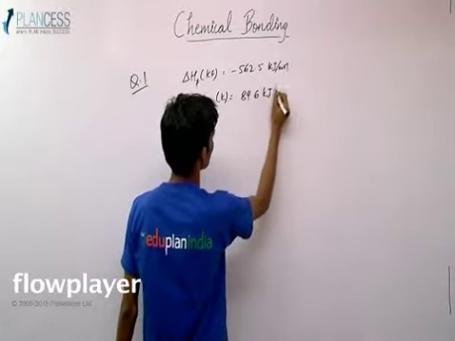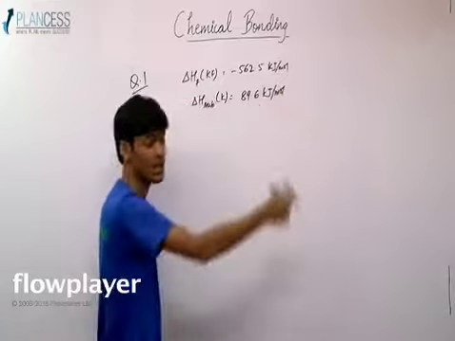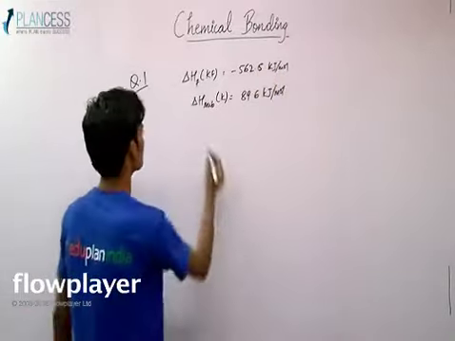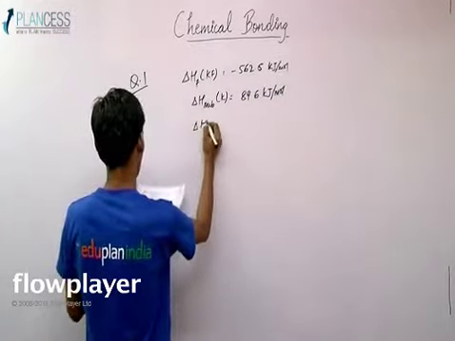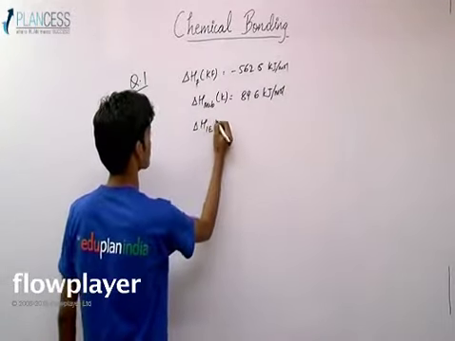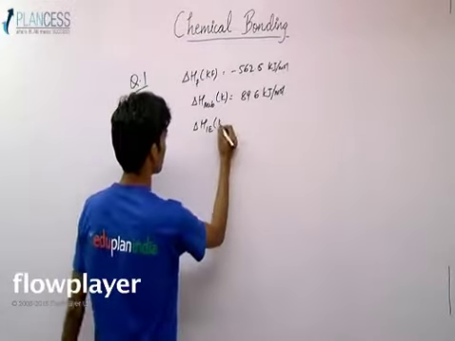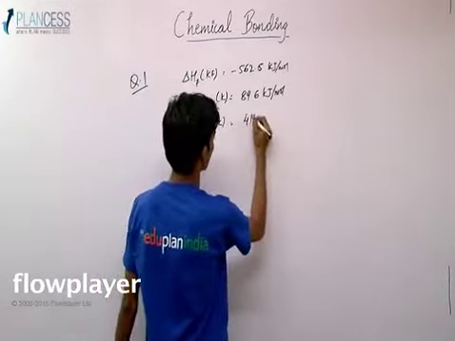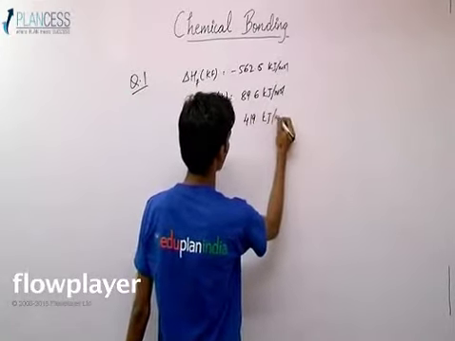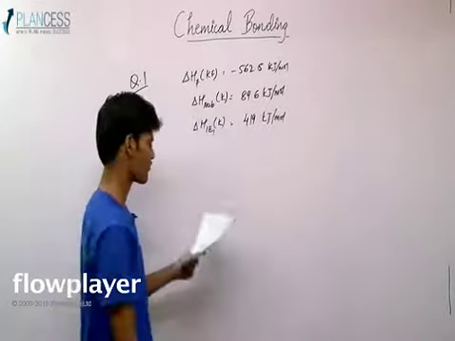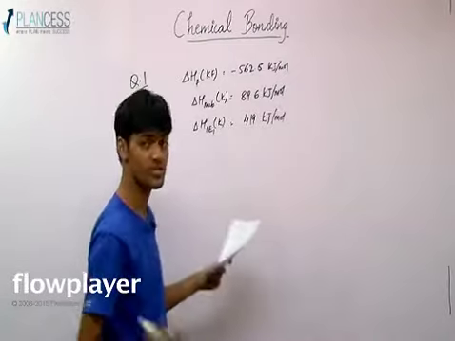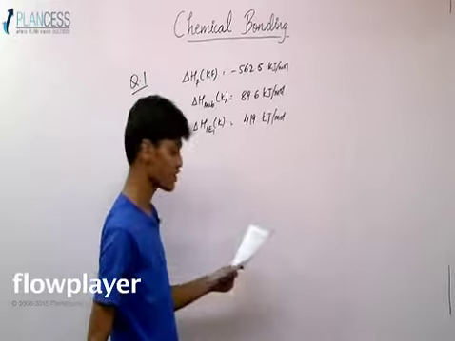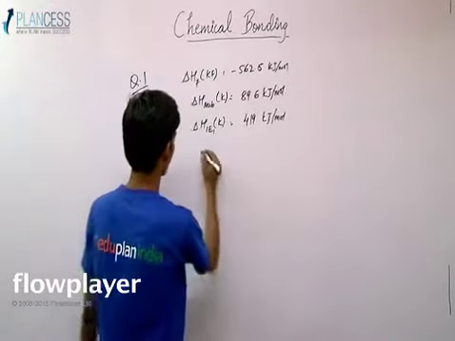That is, we have to supply an energy of 89.6 kilojoule per mole to change its state from solid to gas. IE1 of potassium is given as 419 kilojoule per mole. That is the first ionization energy. To knock out the first electron from potassium, we have to give an energy of 419 kilojoule per mole.